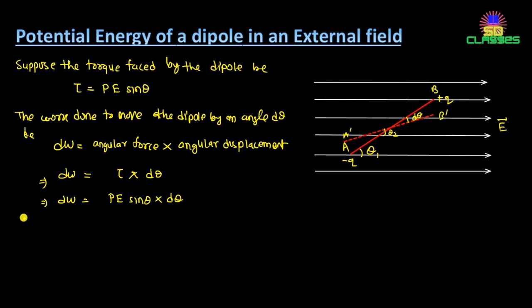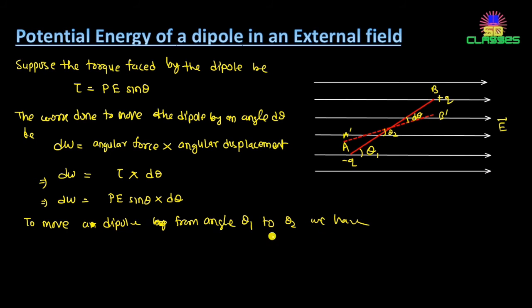So to move a dipole from angle theta 1 to theta 2, we have the integration of dW from theta 1 to theta 2, which will be the integration of pE sine theta d theta from theta 1 to theta 2.